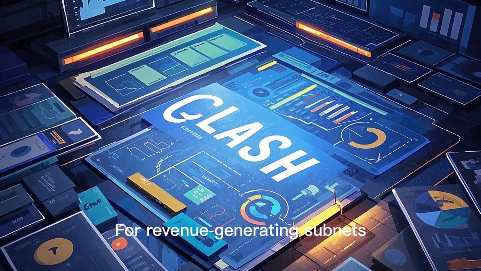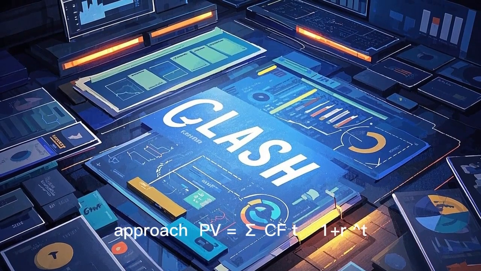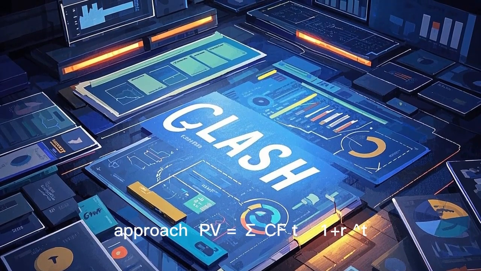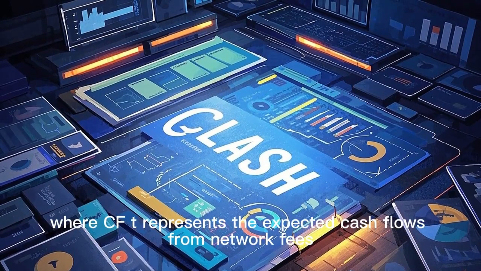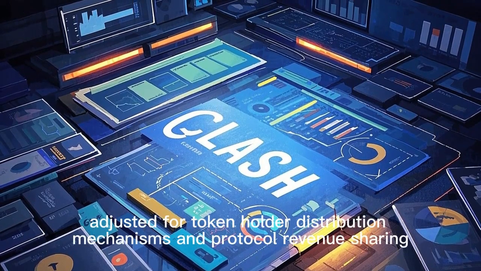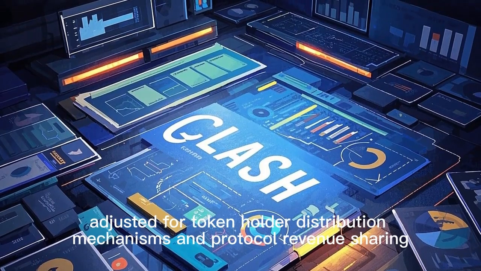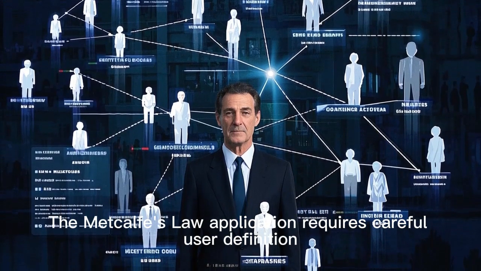For revenue generating subnets, we apply a discounted cash flow approach. PV = Σ CF_t / (1 + r)^t, where CF_t represents the expected cash flows from network fees, adjusted for token holder distribution mechanisms and protocol revenue sharing. The Metcalfe's law application requires careful user definition.